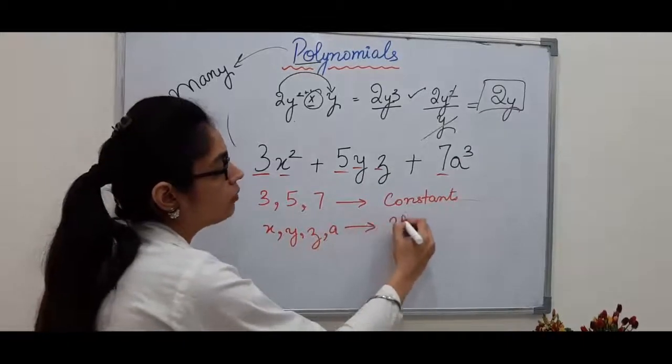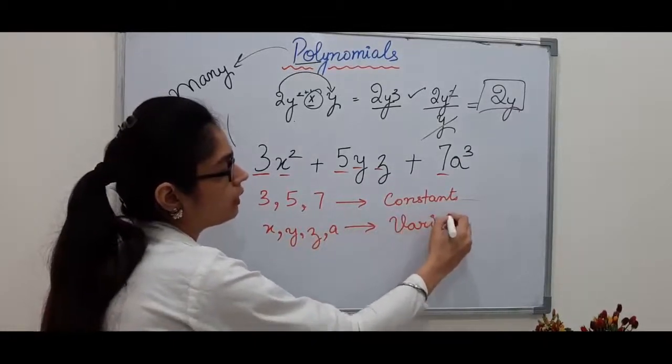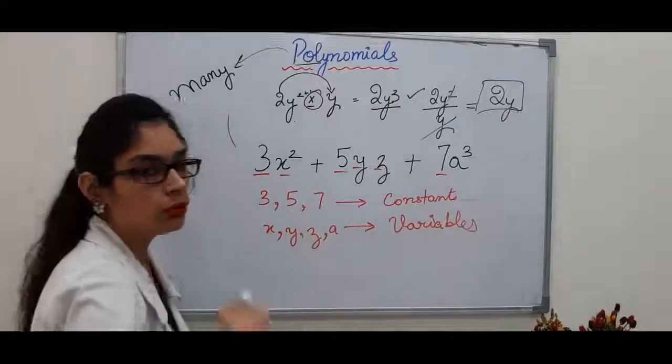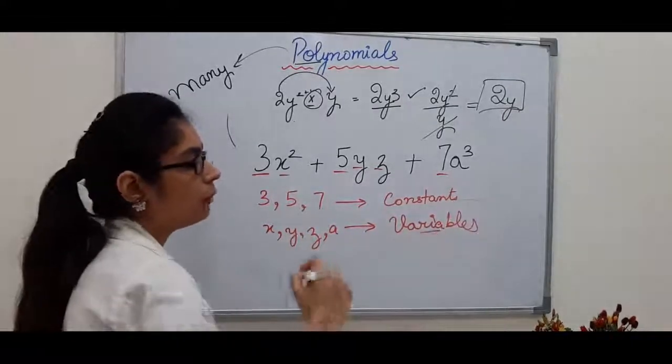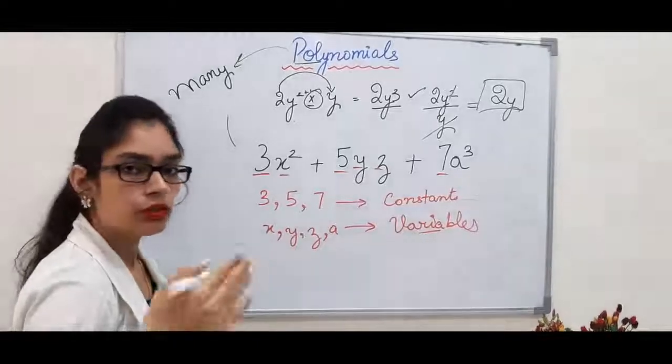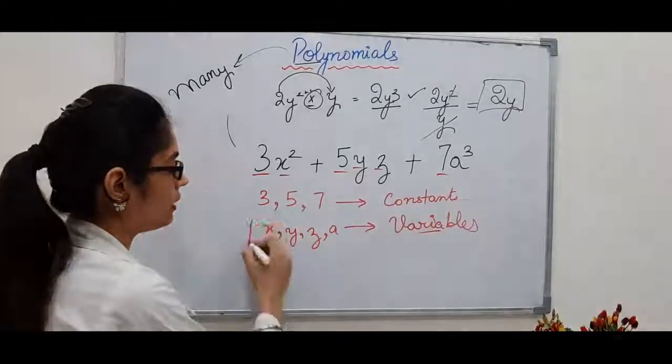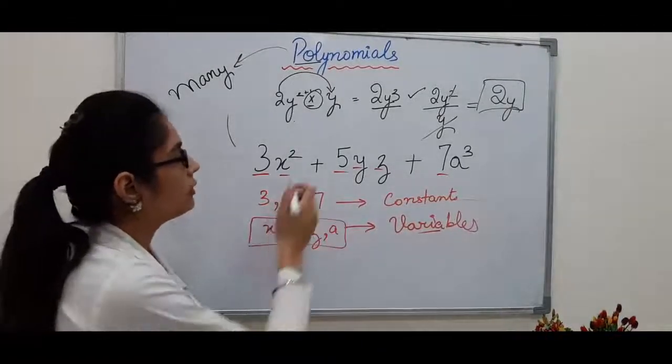These all are variables because they keep on changing, and you can take any values for them. So the meaning of the variable is the thing which will keep on changing. Third is degree.